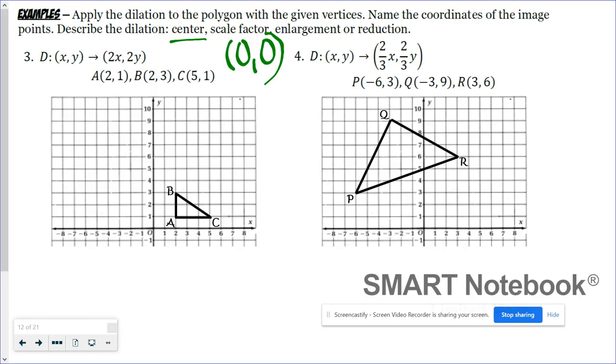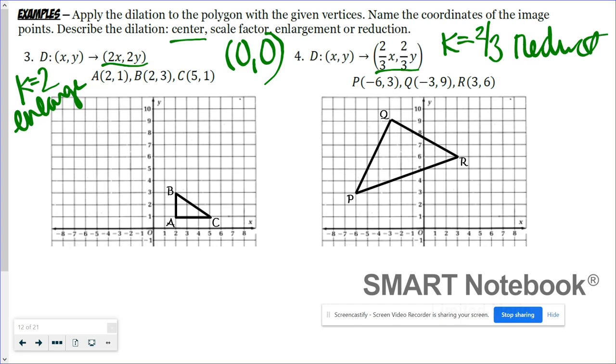The scale factor is given to us in the rule for the dilation. So like here, that's telling us the scale factor is 2. And we know that when the scale factor is greater than 1, that makes it an enlargement. In number 4, that 2/3 is your scale factor, which means we're going to have a reduction.